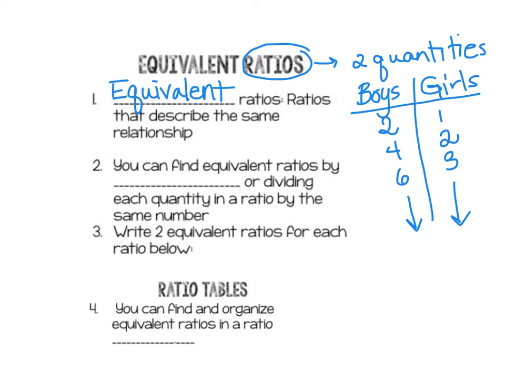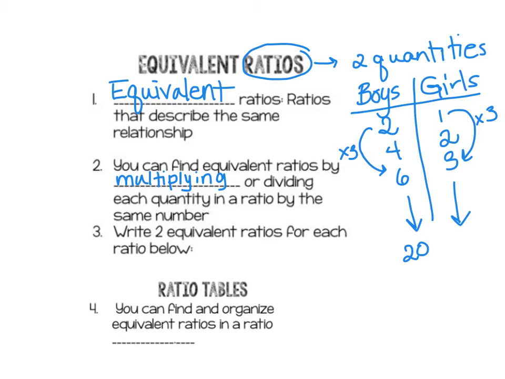So you can find equivalent ratios by multiplying or dividing each quantity in a ratio by the same number. So for example, I can say 2 times 3 is equal to 6, and 1 times 3 is equal to 3. So if I am trying to find a missing number, so let's say I have 20 boys in a class.